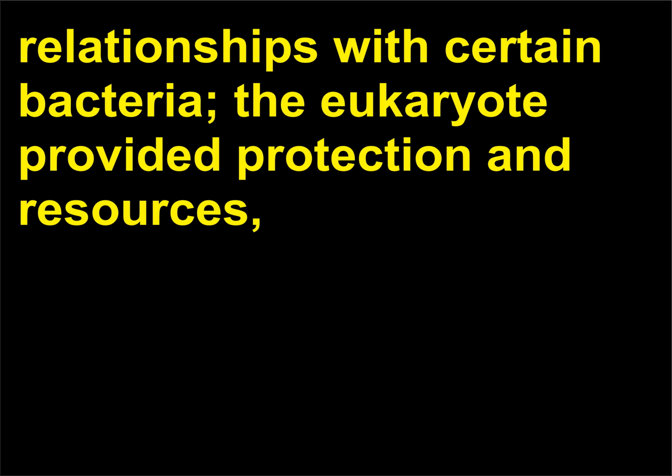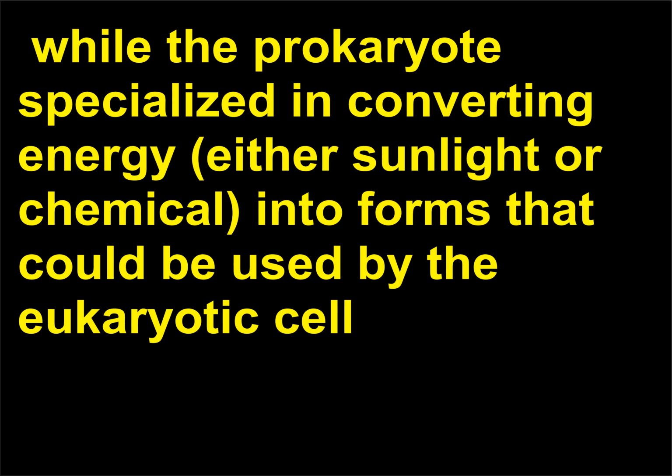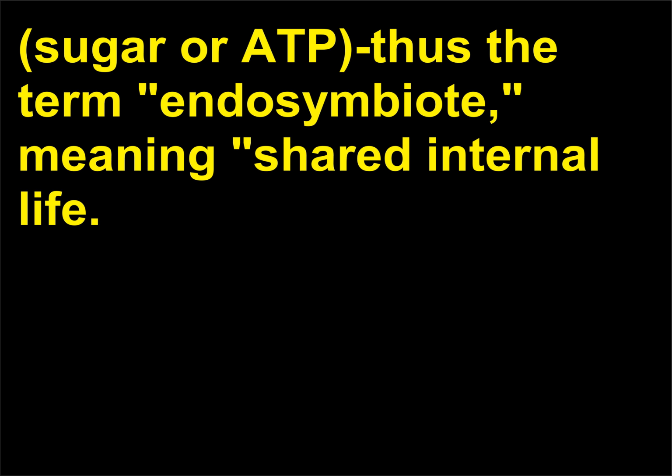The eukaryote provided protection and resources, while the prokaryote specialized in converting energy, either sunlight or chemical, into forms that could be used by the eukaryotic cell: sugar or ATP. Thus the term endosymbiote, meaning shared internal life.